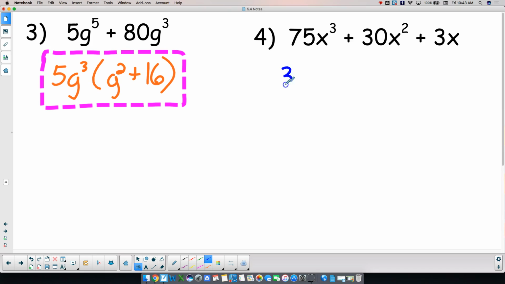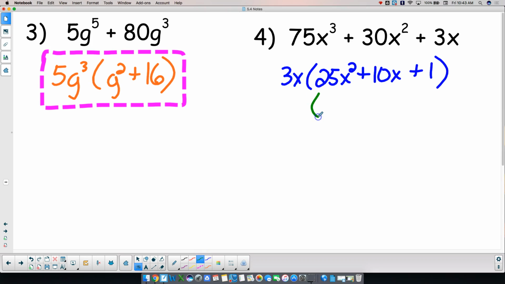Factor out a 3x. See if that one can. 25 is 5 and 5. 1 is 1 and 1.